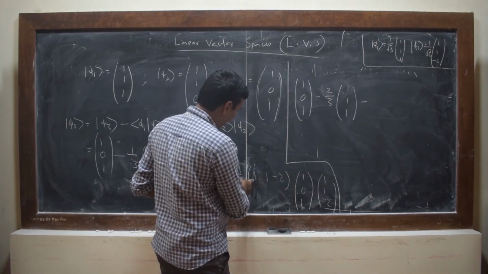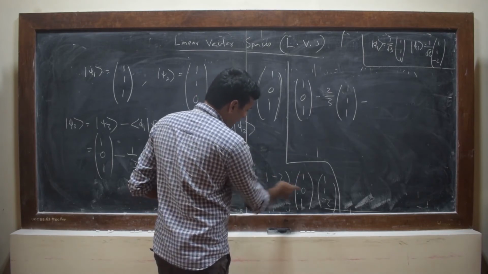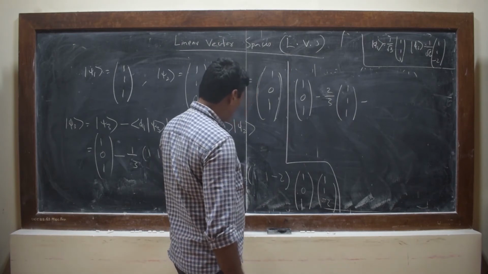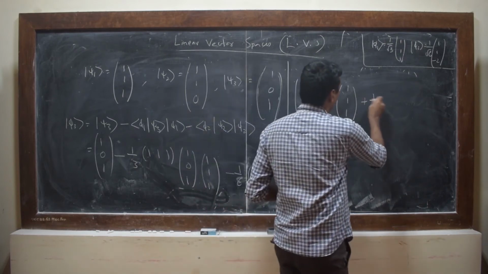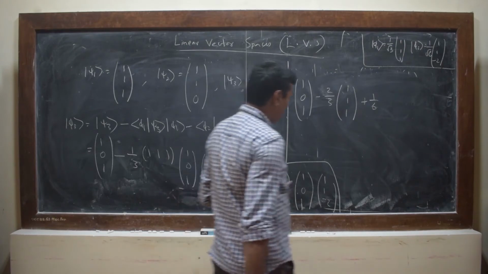Then I will have 1 into 1 plus 0 minus 2. So, minus 1. So, minus 1 by 6 into, so it will be plus 1 by 6 into (1, 1, minus 2).